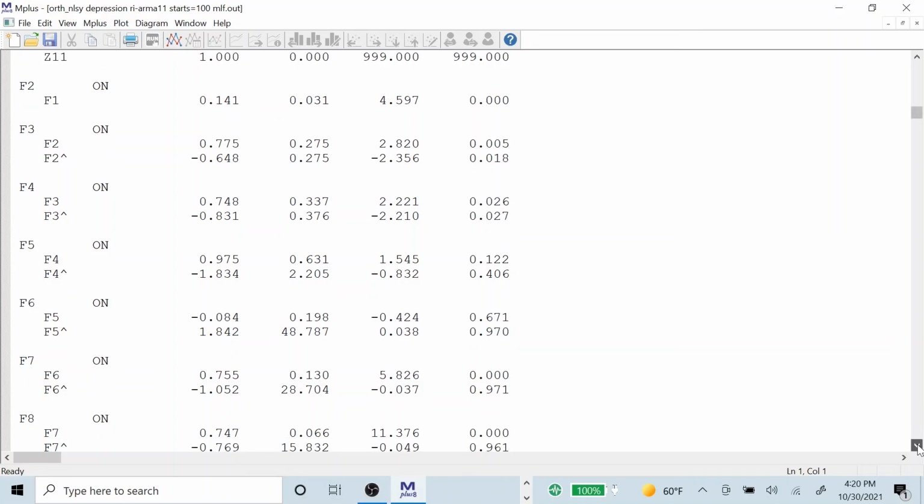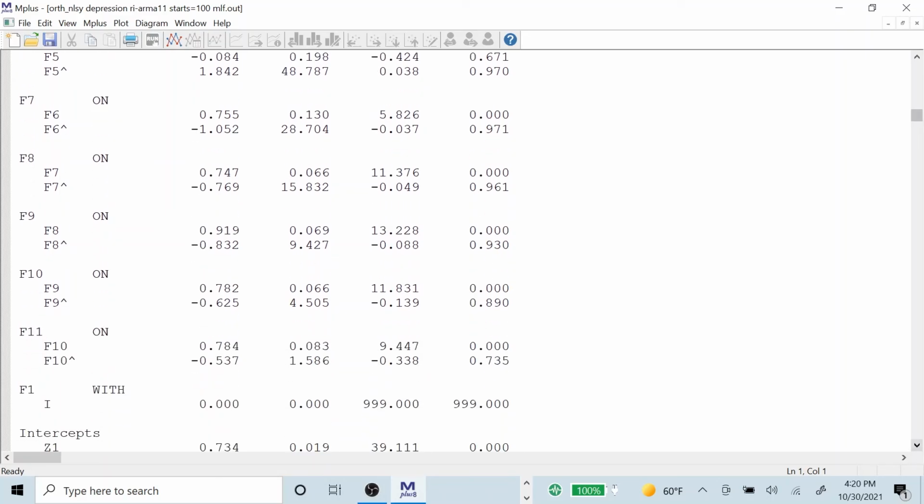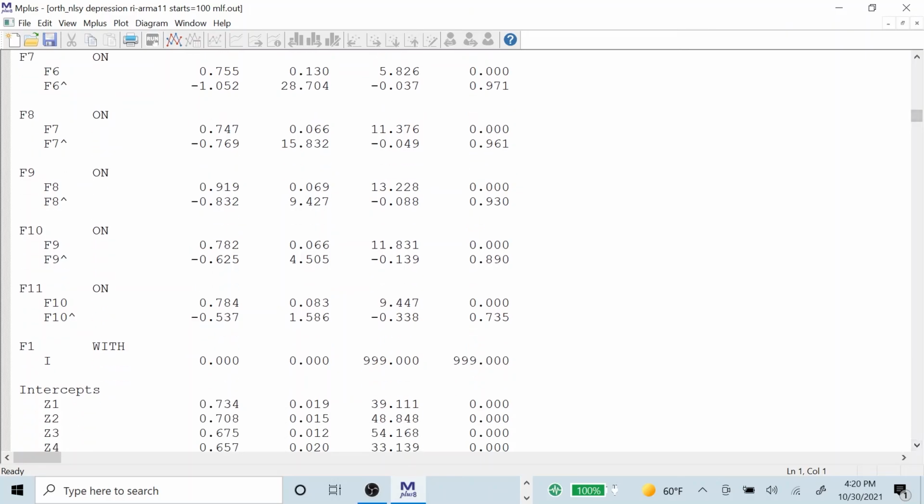Same thing for F7, for F8 and F9. Those large standard errors are an indication that, when you have an infinite standard error, it means the model is not identified. This one is on its way to becoming not identified. So not a great model after all.